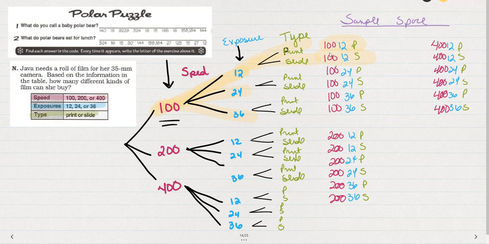Those are the first two elements in the sample space. Or we could do 100 speed, 24 exposures print, 24 exposures slide, and so on. And when I do this, I end up with the whole list of the sample points. And I have the sample space listed here to the right. You should also be able to do that on your own.